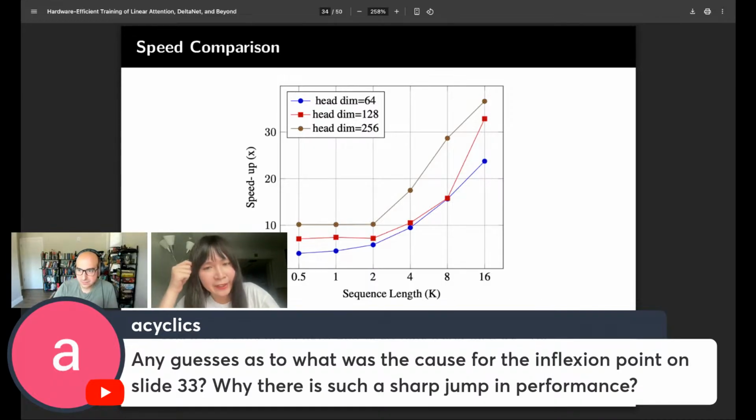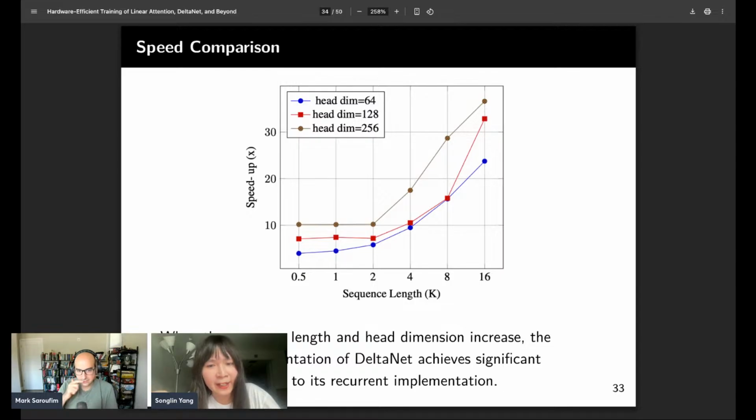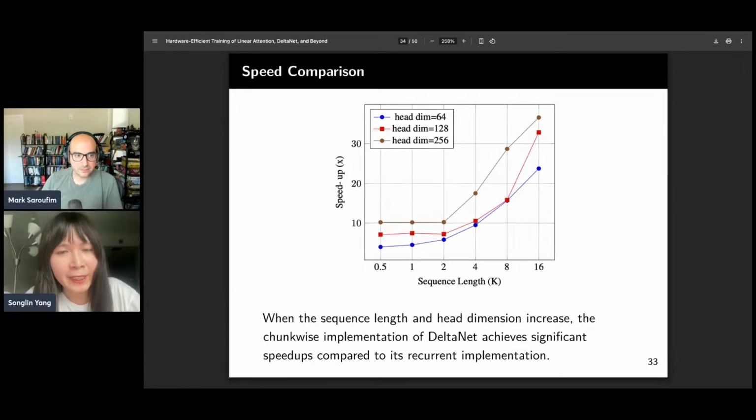I think the sudden jump is because in this throughput benchmarking, when I increase the sequence length, I also lower the batch size. This is actually a very good question. In practice, on each GPU we often fix the number of tokens for each mini batch, right?